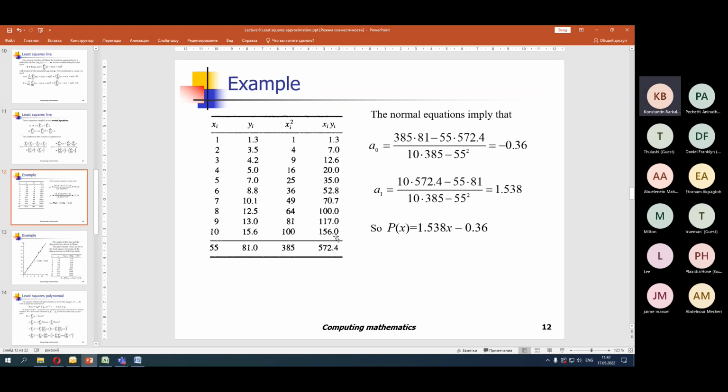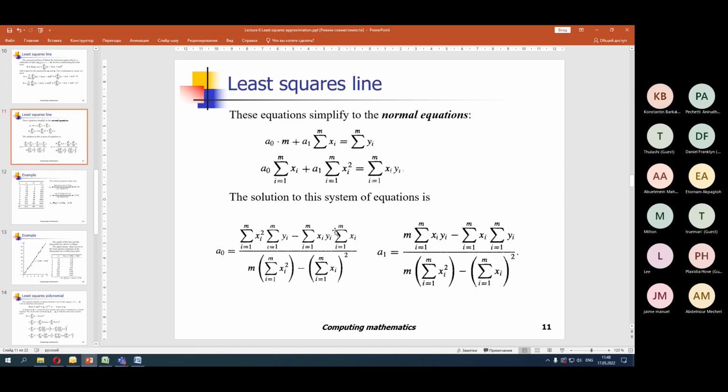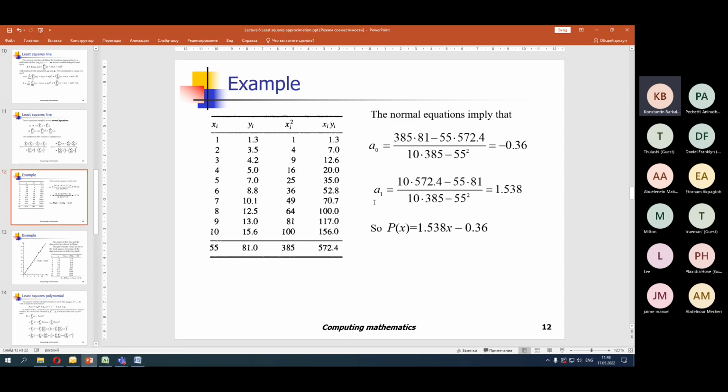Well, if we compute these values, after that we can just substitute them into this formula or this system of equations, and after that we can solve it. And we can find the coefficients A0 and A1.